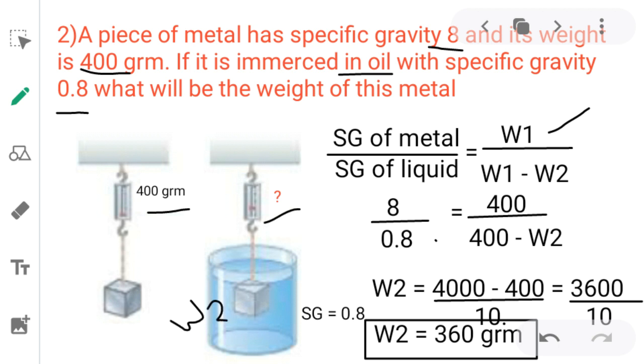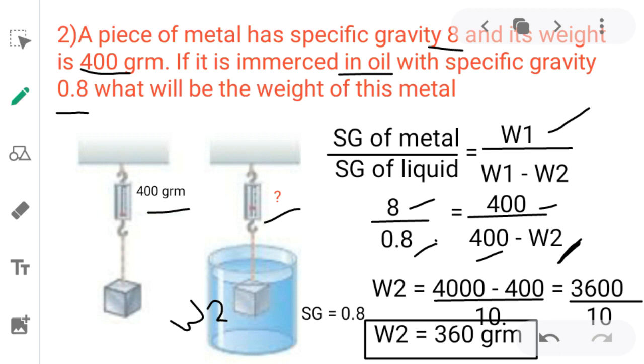Specific gravity of metal is 8, and specific gravity of liquid is 0.8, equal to 400 grams divided by 400 minus W2.